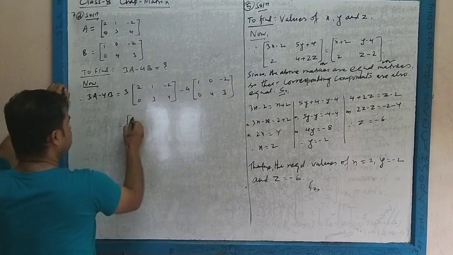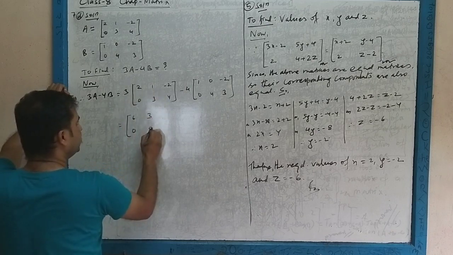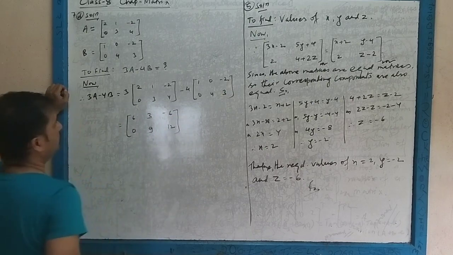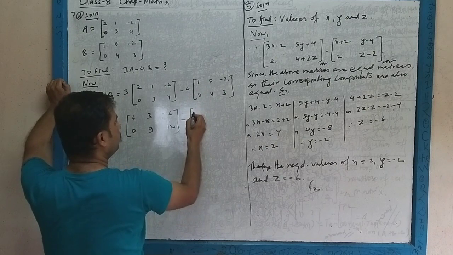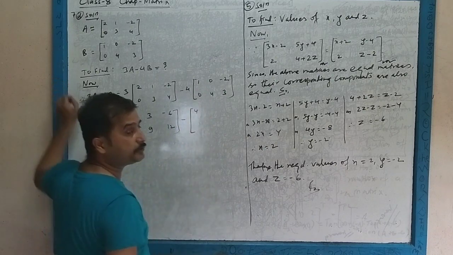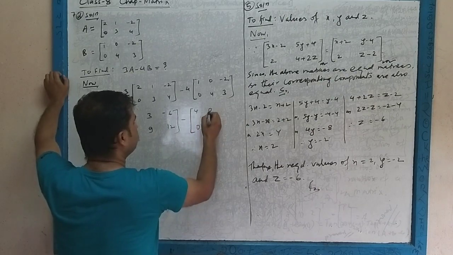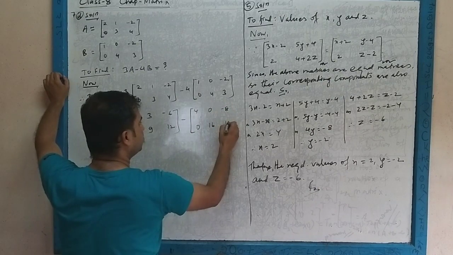So 3 2s are 6, 3 0s are 0, 3 1s are 3, 3 3s are 9, and 3 times minus 2 is minus 6, and 12. Minus, multiply this: 4 1s are 4, 4 zeros are 0, 4 zeros are 0, 4 4s are 16, 4 2s are 8, and 4 3s are 12.